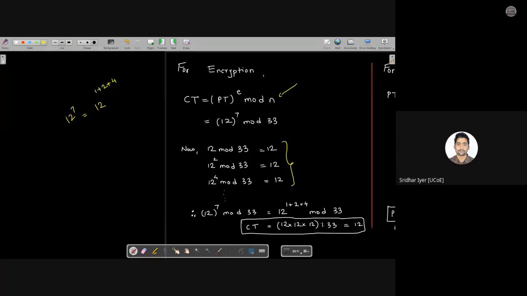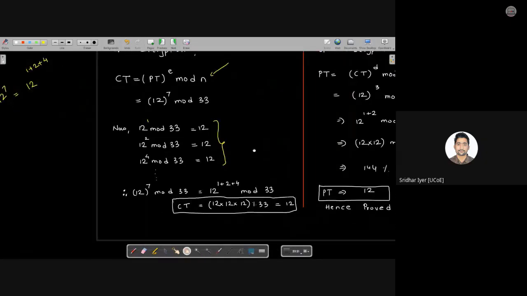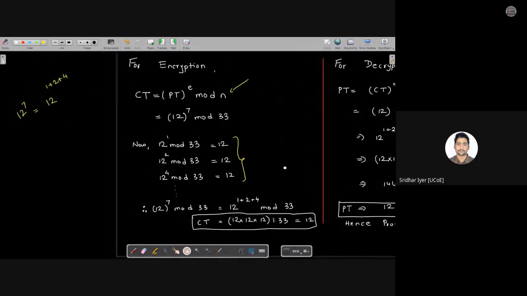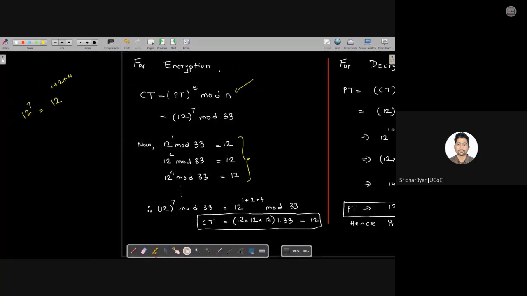So first of all, we'll start with 12 raised to 1 mod 33. It came out to be 12. It is the simplest of operations because if you see carefully over here, all the operations are giving me answer as 12 only. It is not going to be that lucky every single time. But in this case, you are getting answers as 12 only. How? Because 12 mod 33 will be 12.